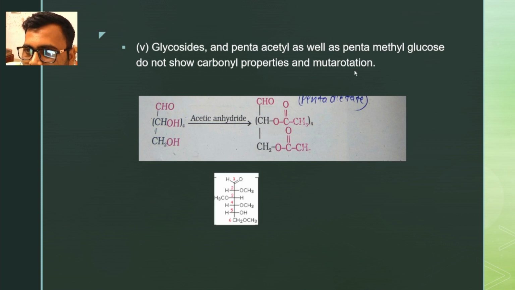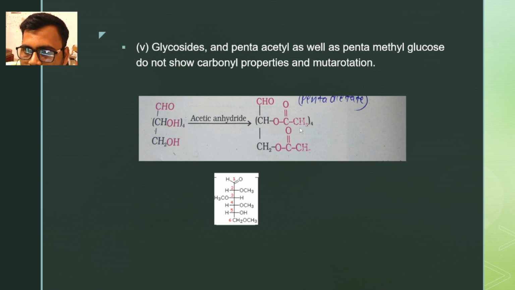Similarly, when the D-glucose is treated with dimethyl sulfate, methylation takes place on the OH groups. Again, D-glucose has 5 OH groups, so each OH group undergoes methylation to give pentamethyl glucose.